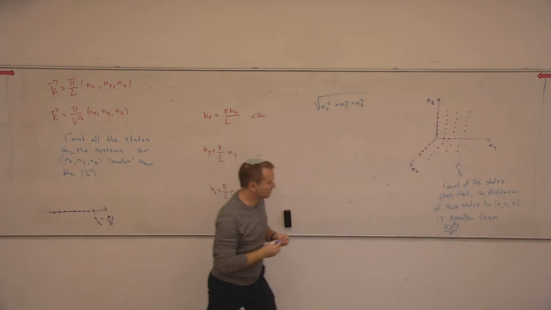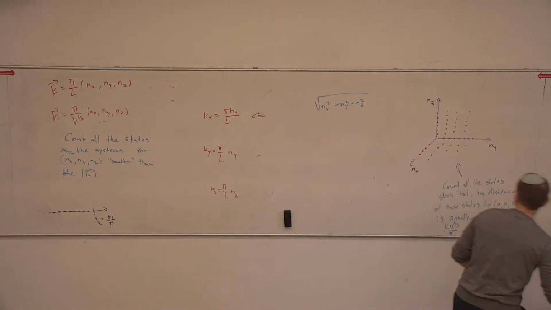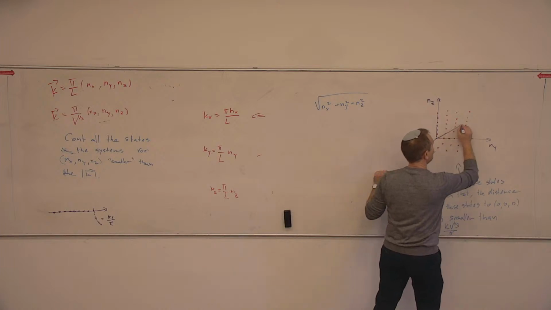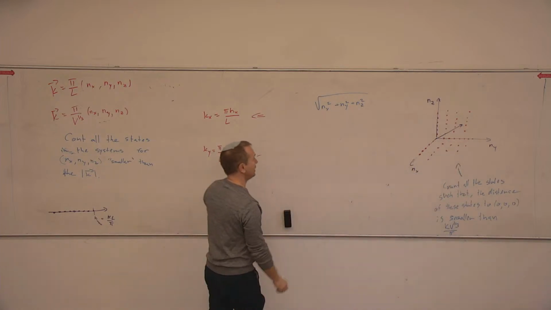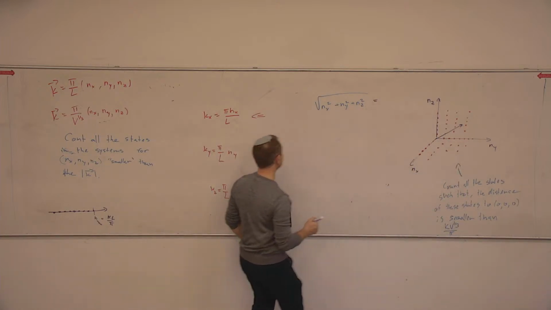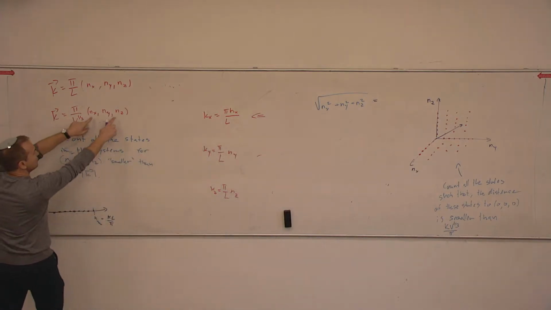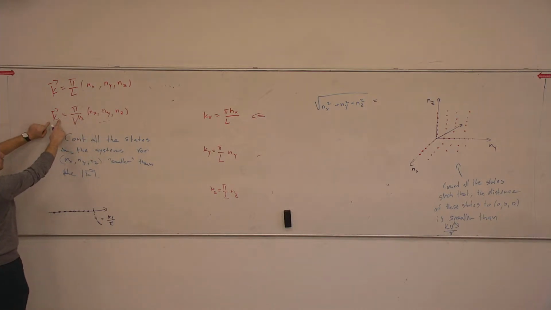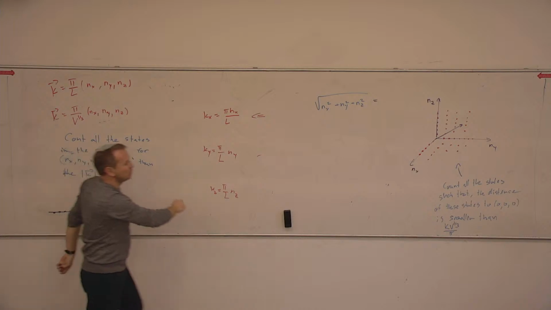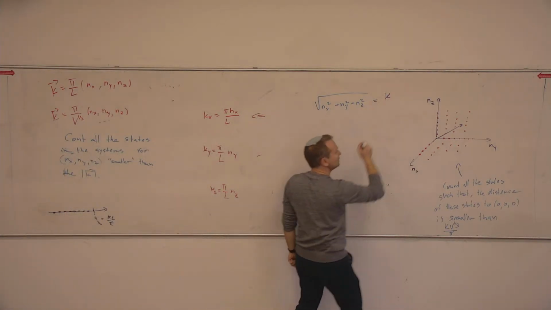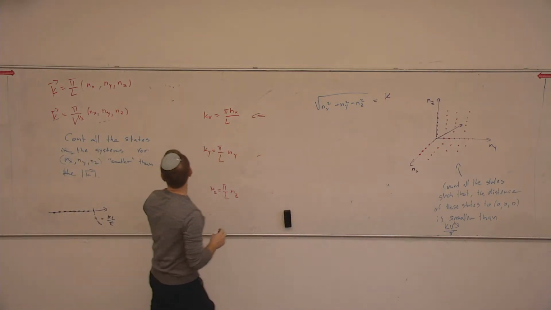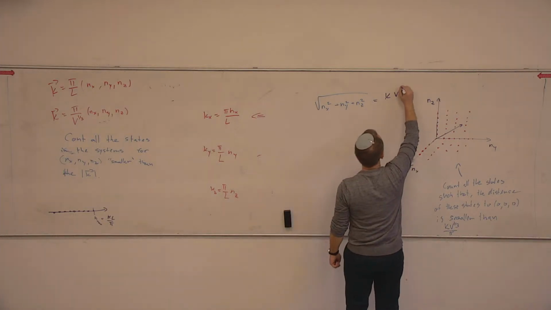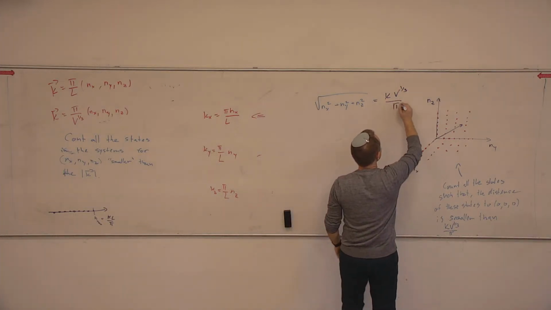Right? There is some specific radius. And I know that this radius is equal to the size. So nx squared plus ny squared plus nz squared equals k divided by pi multiplied by v to the 1/3. So this is the magnitude of my vector multiplied by v to the 1/3 divided by pi.